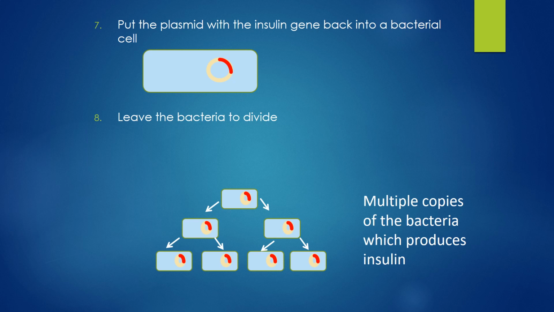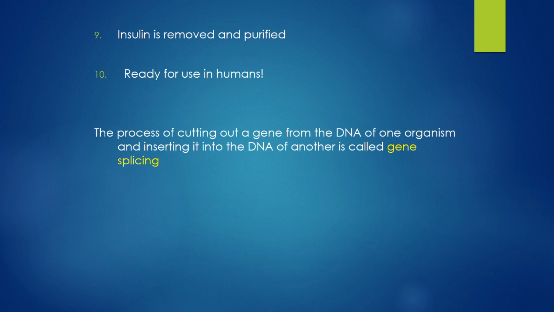Then we're going to put the bacteria into a little pot, lovely warm 36, 37 degrees, and we're going to allow it to multiply by binary fission. So that means 1 will divide into 2, divide into 2, and it's mitosis. And every single one of those bacteria has a gene to produce insulin, so they're going to be producing insulin. That insulin can be removed, it can be purified, and then humans can use it.